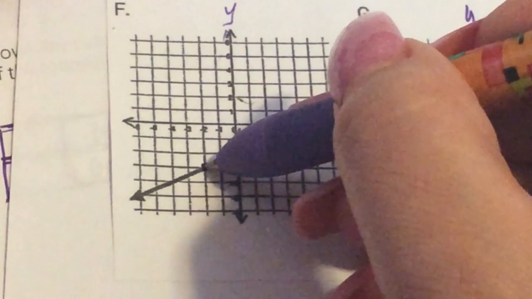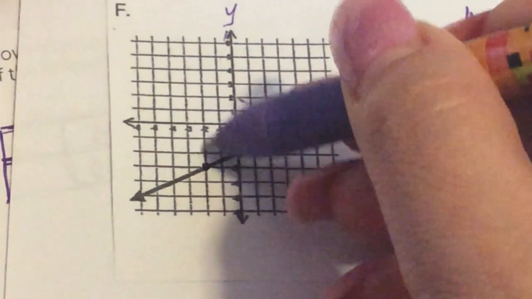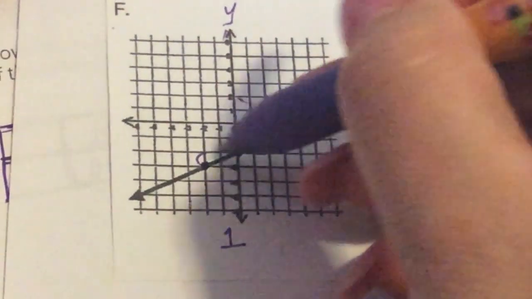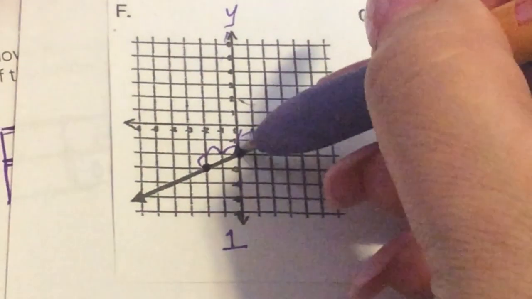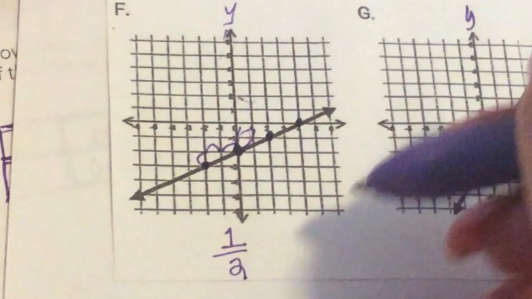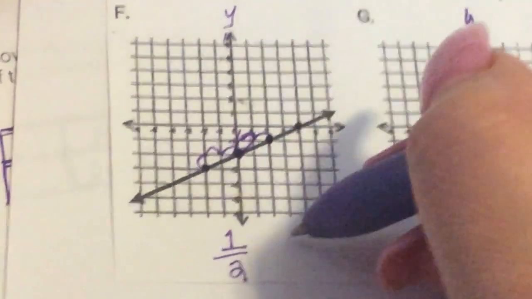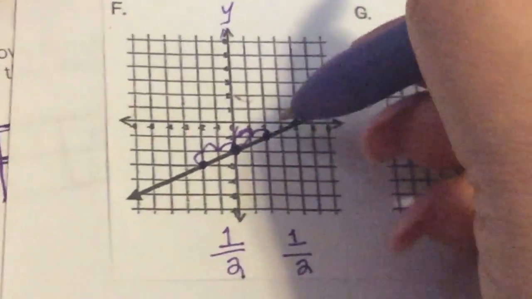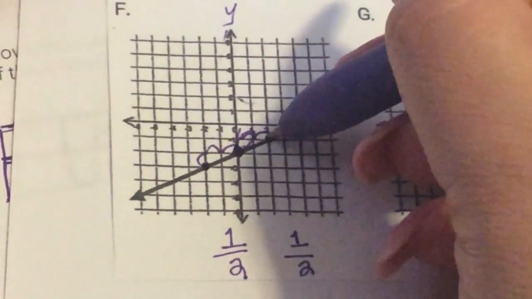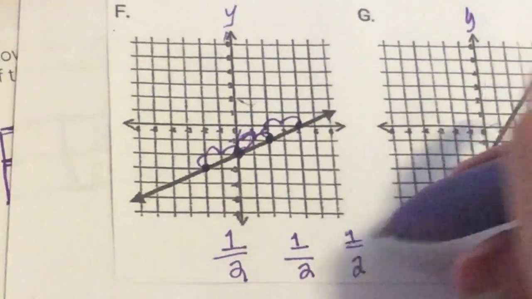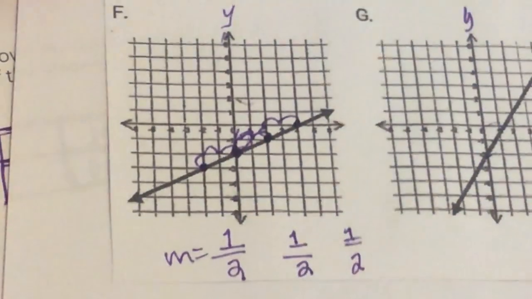In order to get from this point to this point, y is vertical. That means I have to go 1 up, then 2 to the right, divided by 2. From here to here, I go 1 up and 2 to the right. From here to here, I go 1 up, 2 to the right. So definitely m is 1/2.